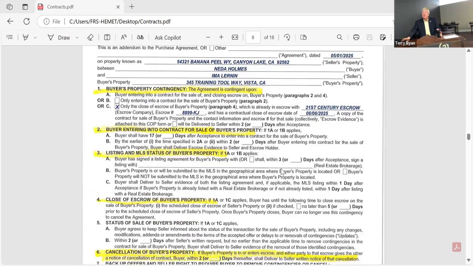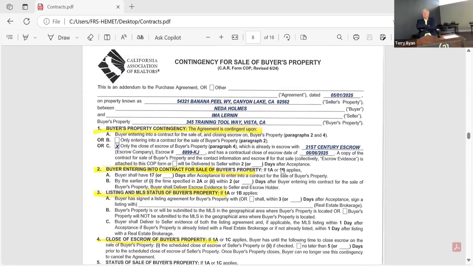Okay, we'll continue moving. In the contract, as we covered last week or the week before, whenever it was, there's a little box on there that says that the purchase of this property is reliant upon the sale of the buyer's property. The buyer has to sell the property they're living in order to buy this new property.